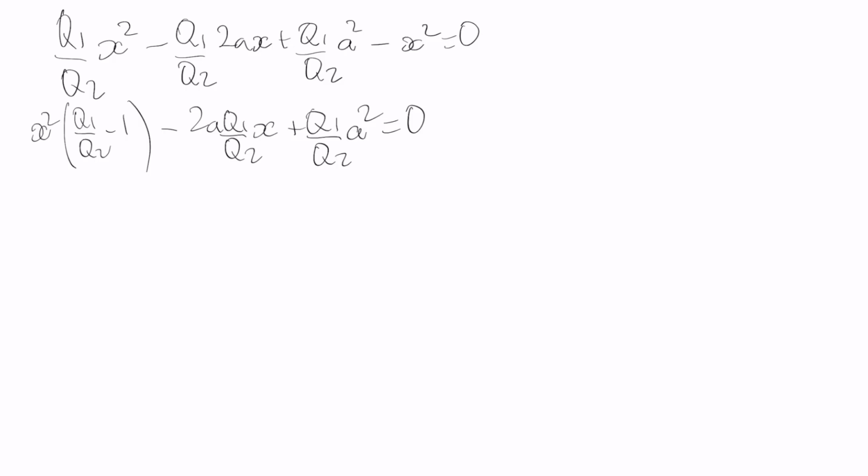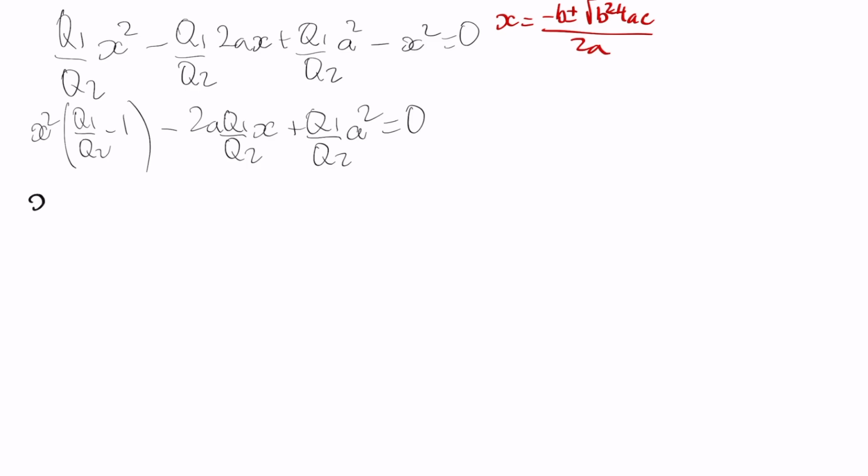Now, I'm not going to try and factorize this. I think I am simply going to use the quadratic formula. I'm just going to write it over here on the side to make my life a little bit easier. x is equal to minus b plus or minus the square root of b squared minus 4ac, divided by 2a. Okay, let's apply this to our expression.